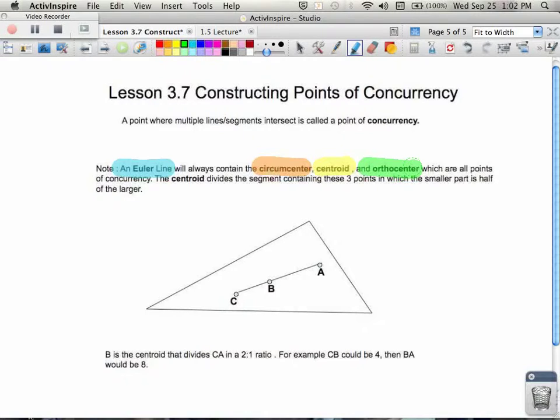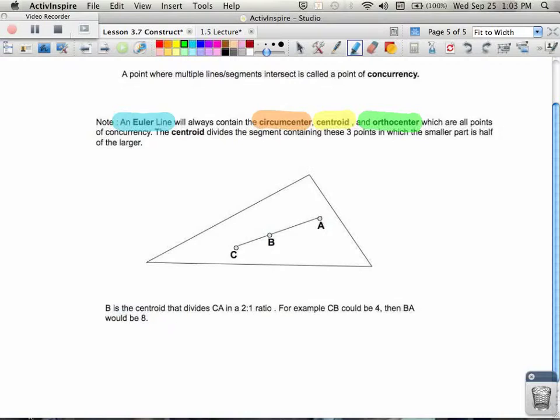For example, if you look here, point B is the centroid, and it divides the segment CA in a 2-to-1 ratio. So CB could be 4 and BA would then be 8. It's a 2-to-1 ratio, and that always happens when you have an Euler line. You're not going to have to construct that, just an interesting fact.